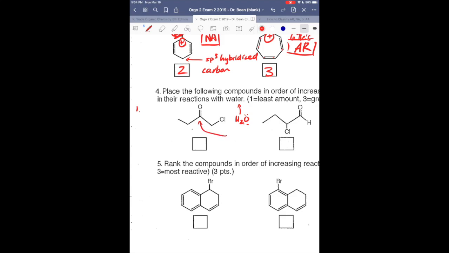So the two factors that you want to look for are going to be the positive charge of the carbonyl carbon and also crowding, slash steric hindrance of that site of attack.